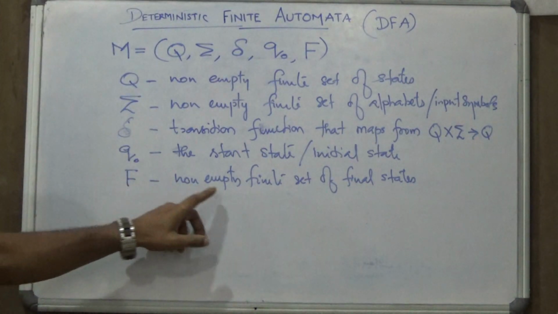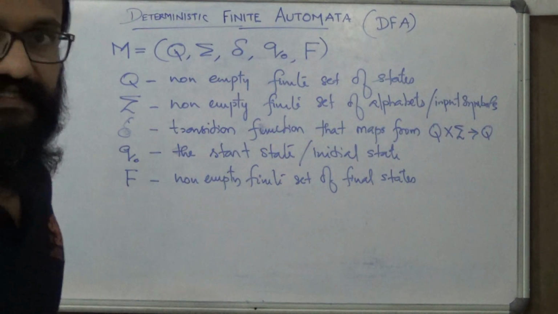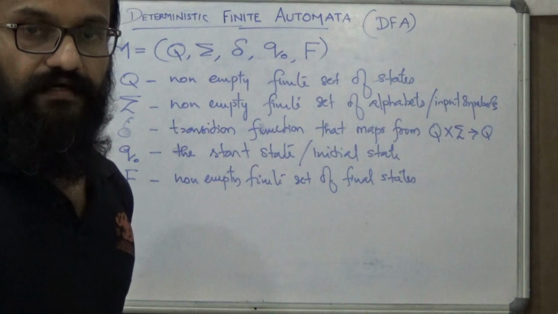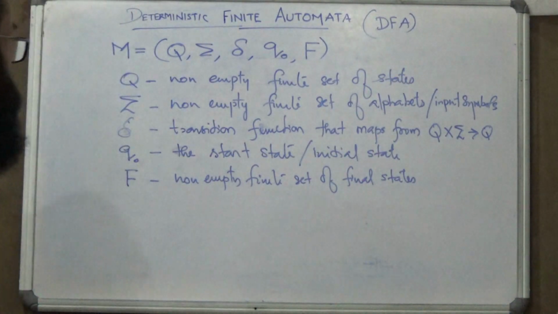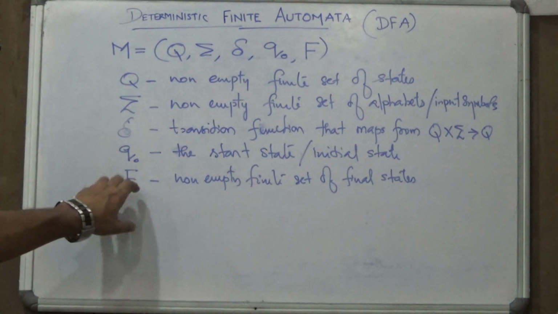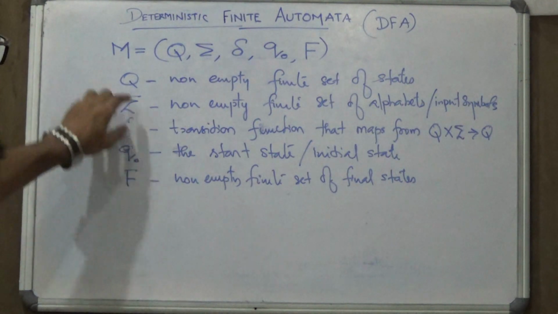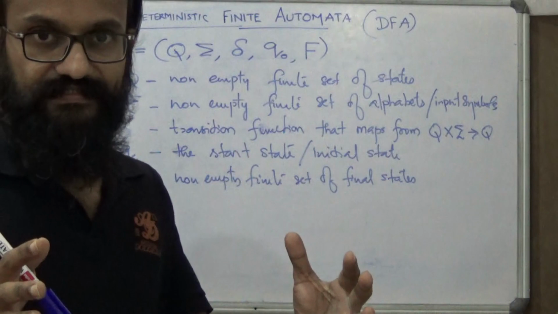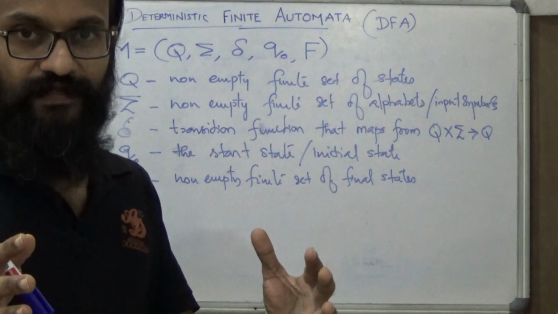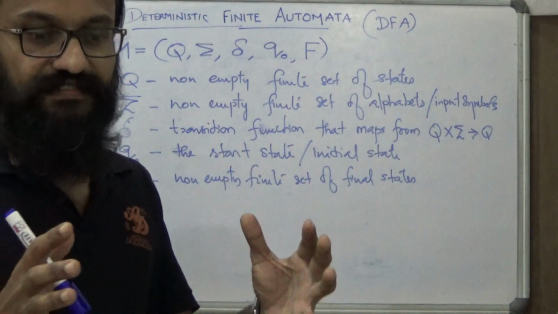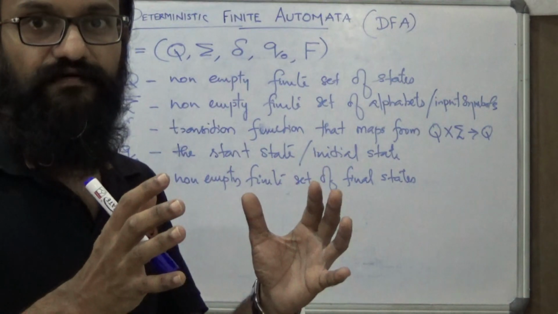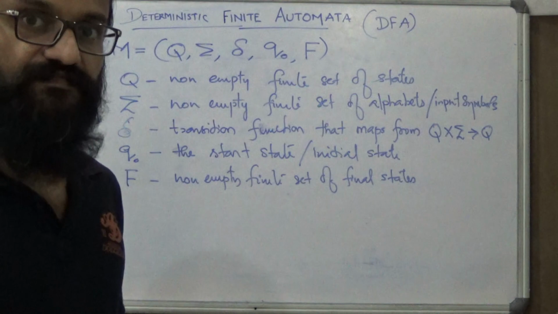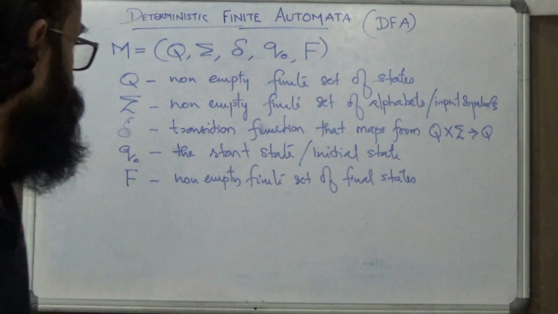Then F is the non-empty finite set of final states. In the sense, there must be at least one final state. From this it is clear that F will be a subset of Q. You will have a set of states in the DFA, and from it there exists a subset which will be the set of final states, and that subset must be non-empty.